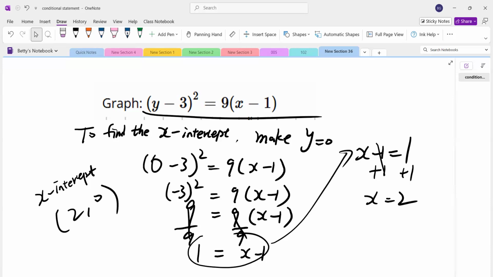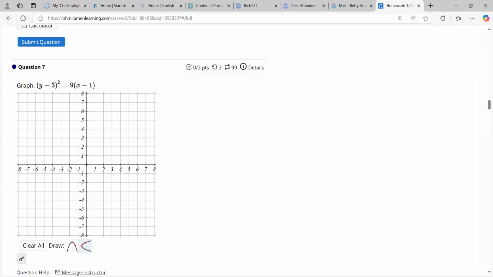Share our Lumen. Where is it? It's here. Okay. All right, so you click this horizontal parabola graphing tool, and then you plot the vertex, which is 1, 3.